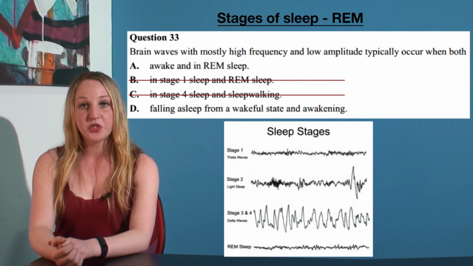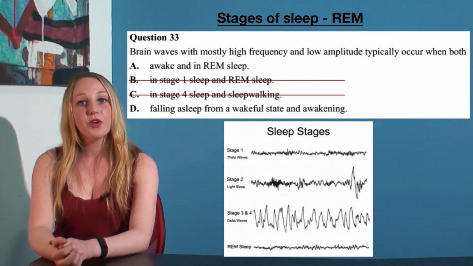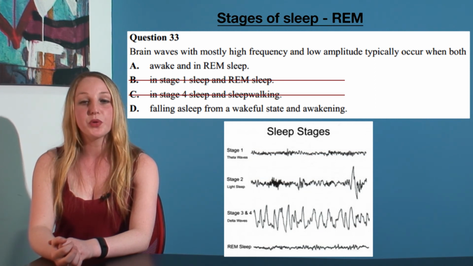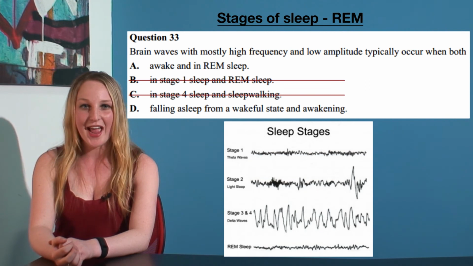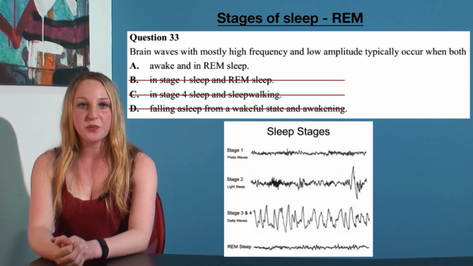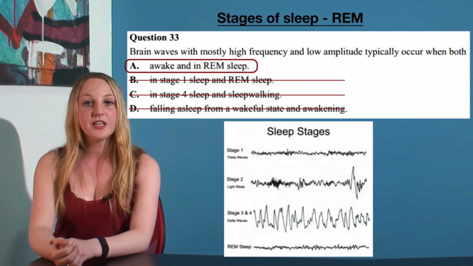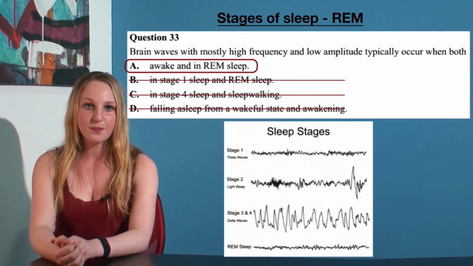That leaves us with options A and D. And we know that falling asleep is likely to produce brainwaves that become progressively lower frequency and higher amplitude, ruling out option D. That leaves only option A, which we can reasonably assume is the correct answer.